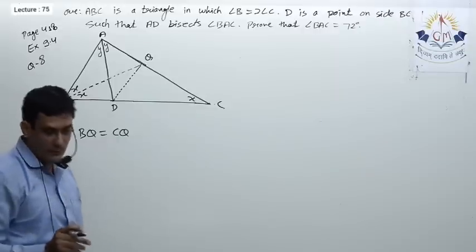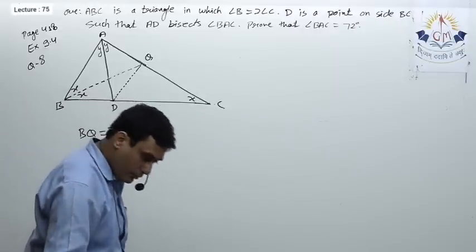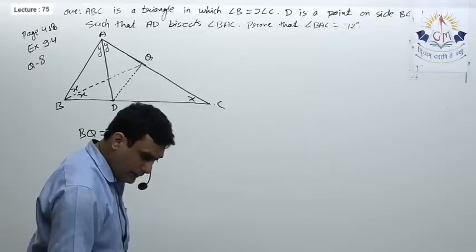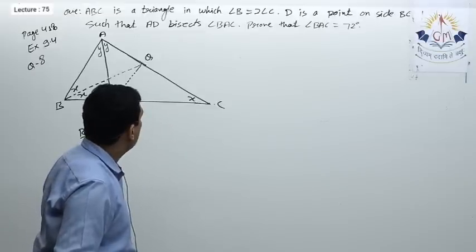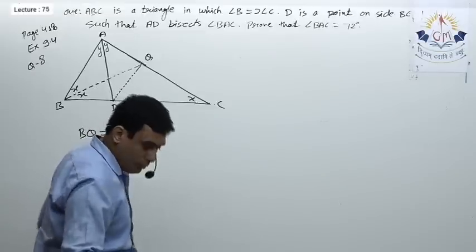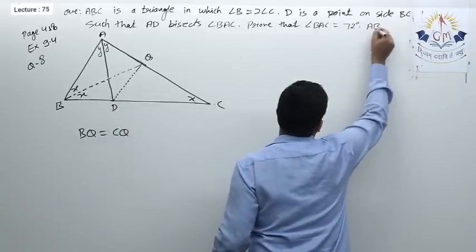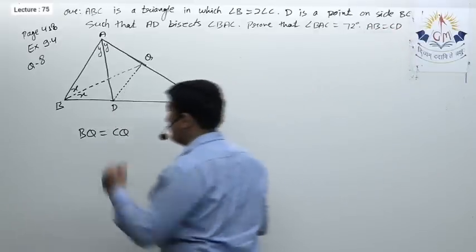One more thing is given in the question that I forgot to write, that AD bisects angle BAC. Also it is given AB is equal to CD. Here it is given AB is equal to CD, that is given in the question.